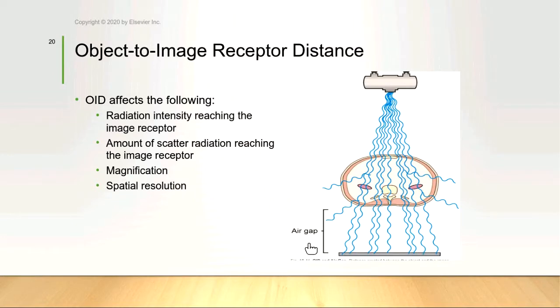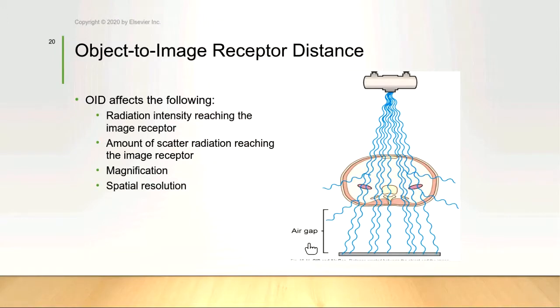Remember, all positioning is based on utilizing a maximum SID and a minimal OID, meaning you want the part that you're imaging as close to the image receptor as you can. And sometimes, even when it's right on top of the IR, some part of that anatomy is always going to be further away from the IR.